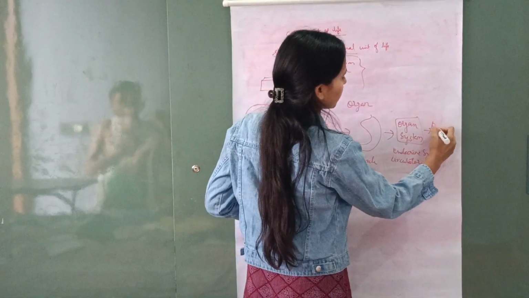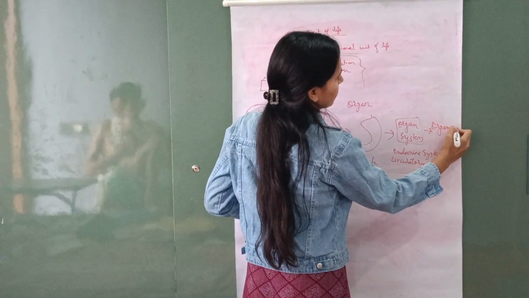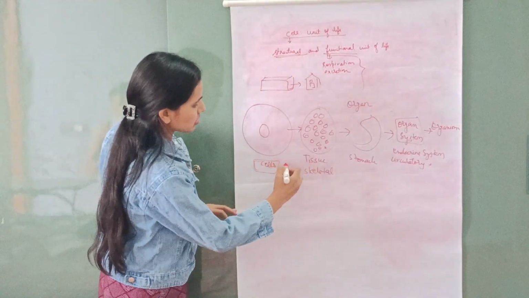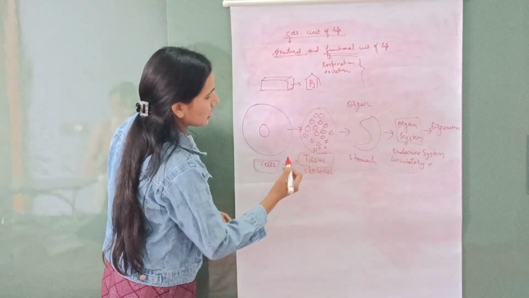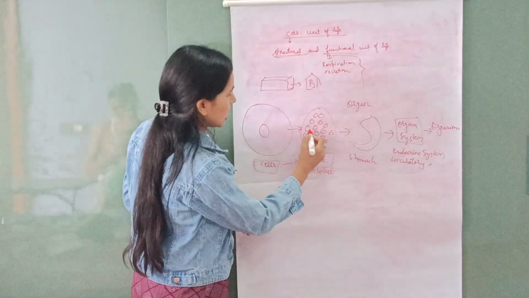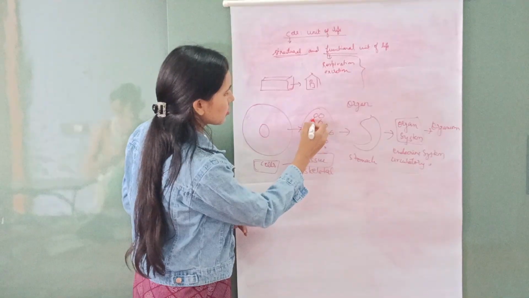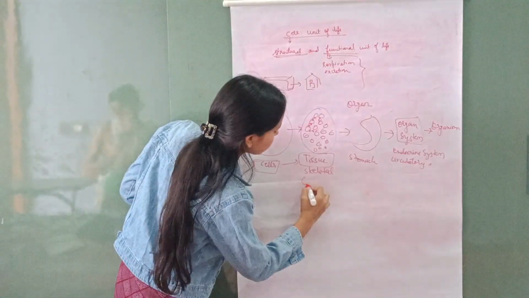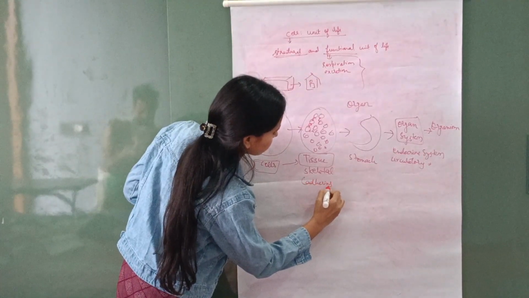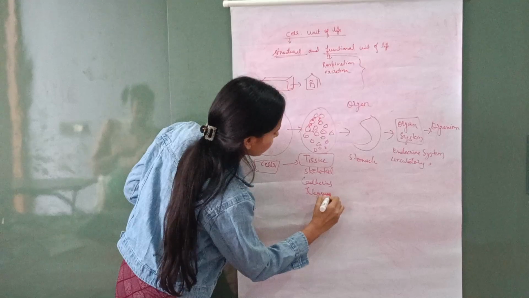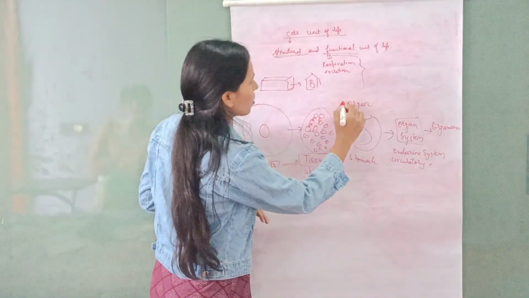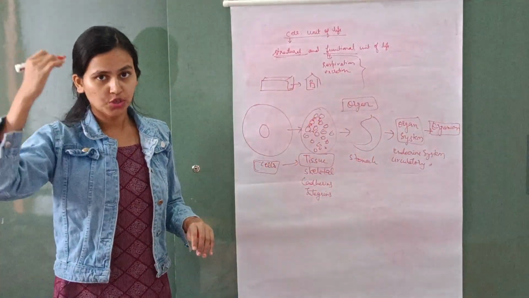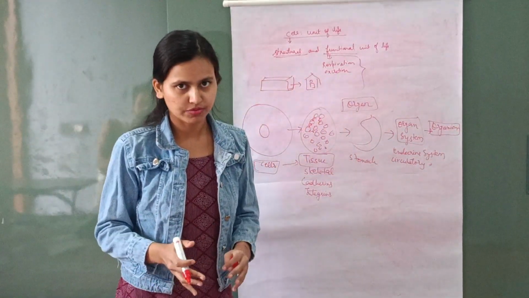An organ system makes an organism. See, so many cells together form the tissue. Do you remember the intercellular substance that joins so many cells together to form the tissue? Yes, that is cadherins and integrins. Then they form the organ, the organ system, and likewise the organism. This is how the human body or any living organism is made up.